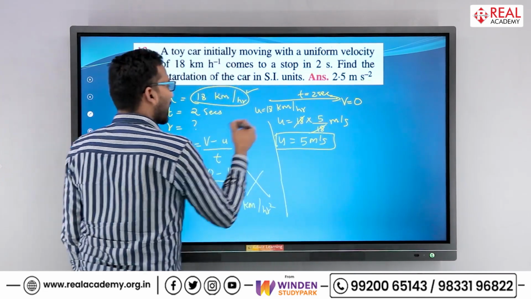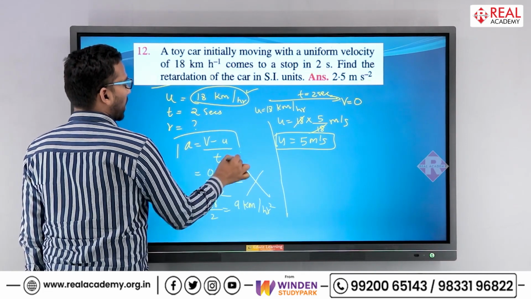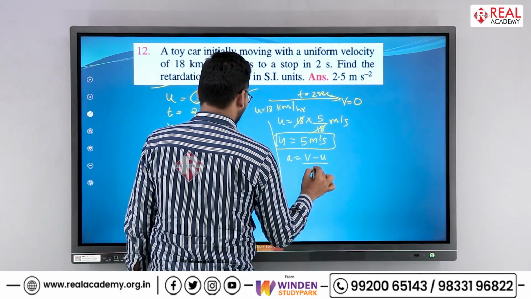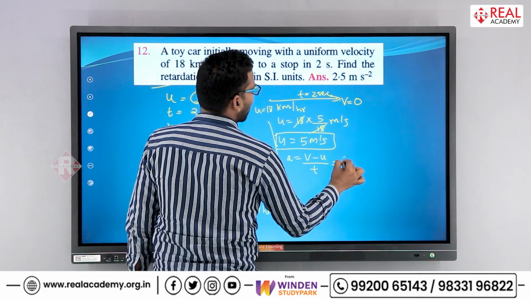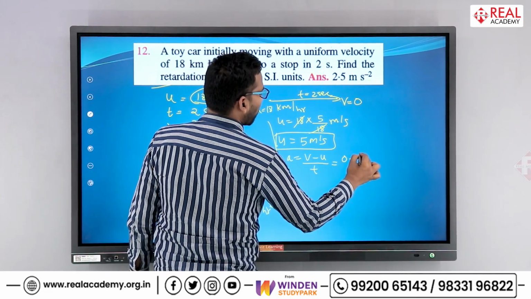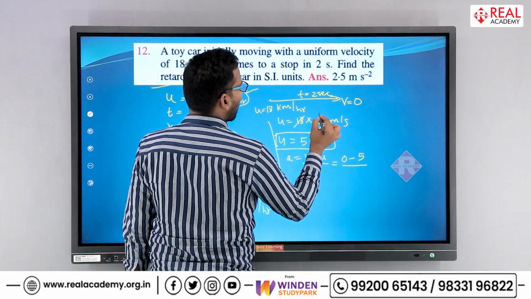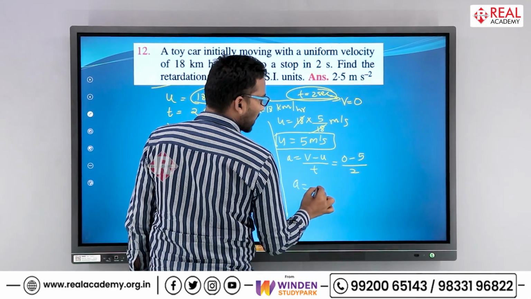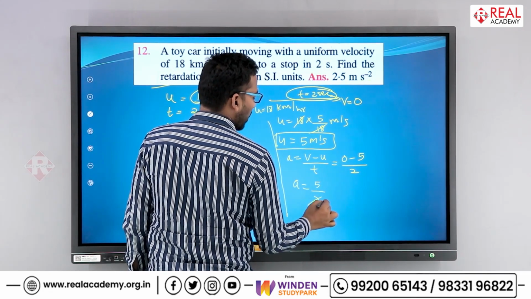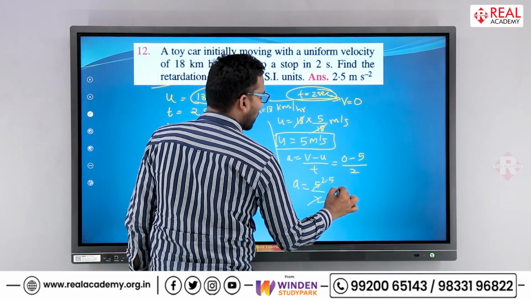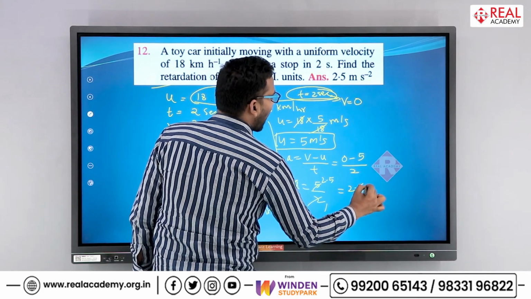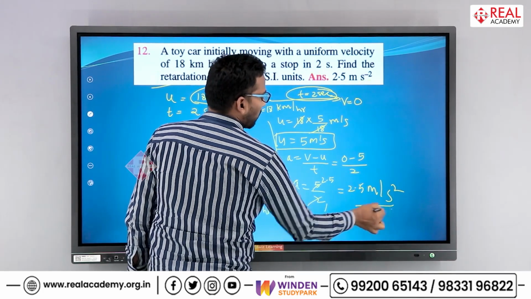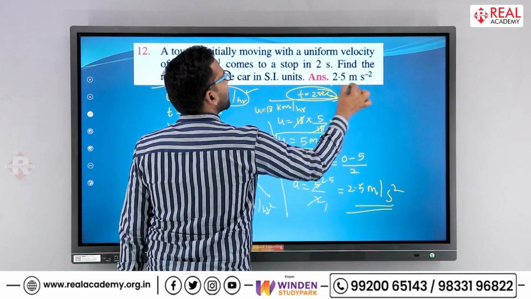So now again put into this formula, that is A is equals to V minus U by T. So what is V? 0 minus what is U? 5 upon T. How much time? 2 seconds. So the answer is 5 by 2, which is nothing but 2.5 meter per second square, which is the required answer.